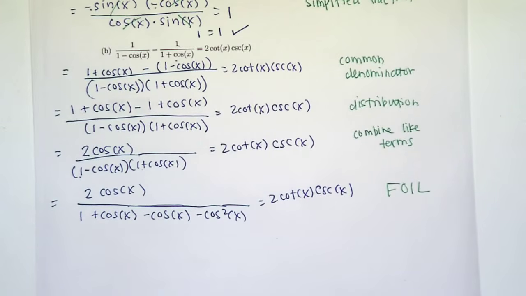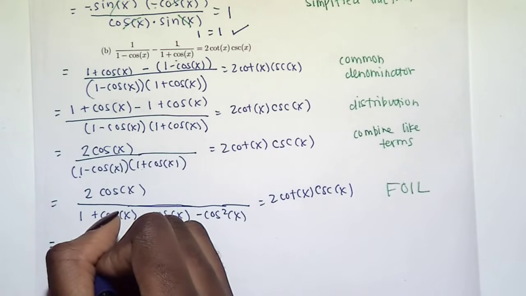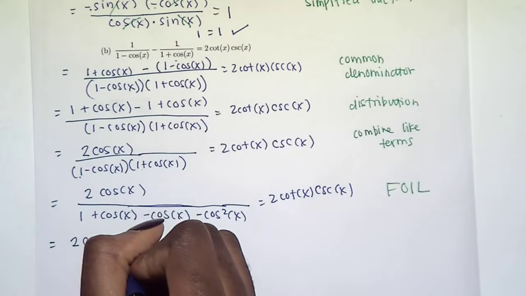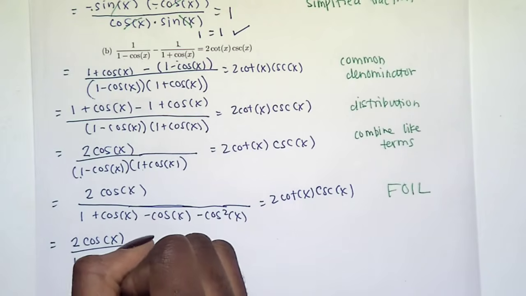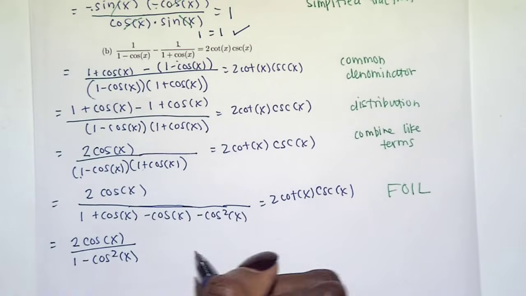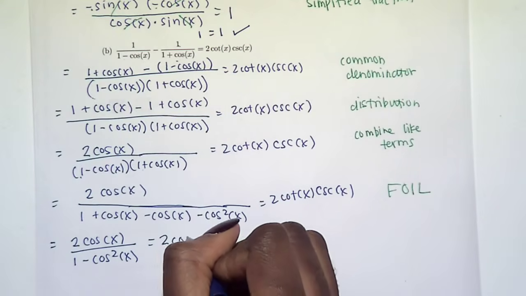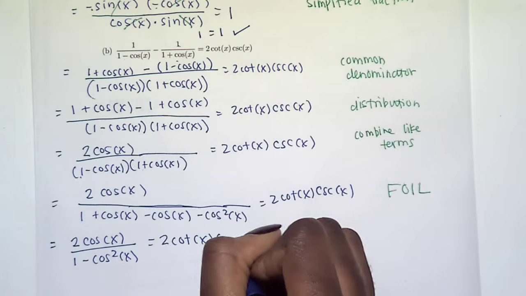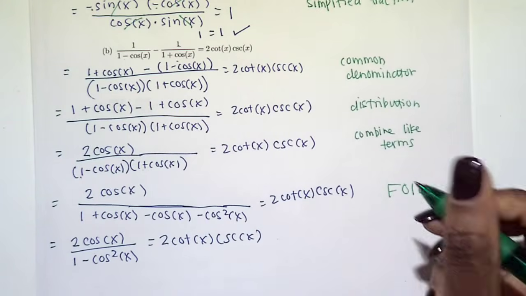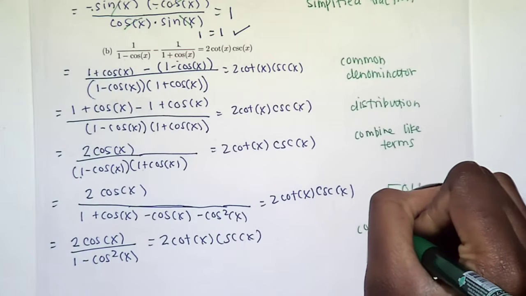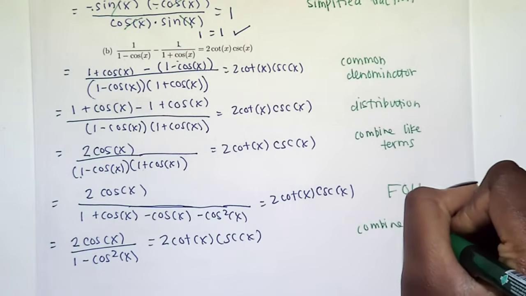All right, now I can combine some like terms because cosine x minus cosine x is just 0. So I just combine like terms.